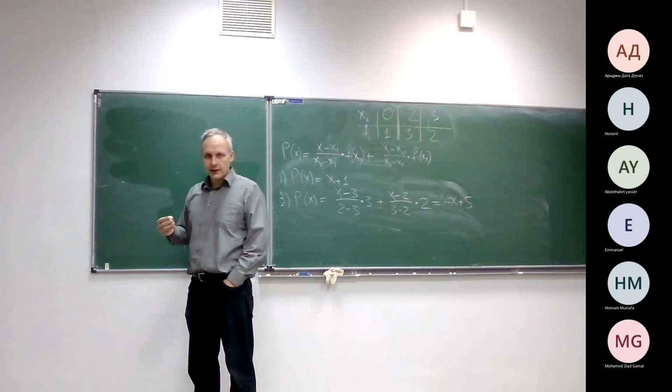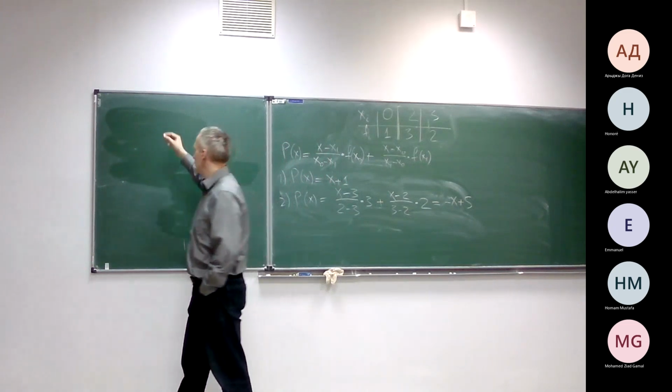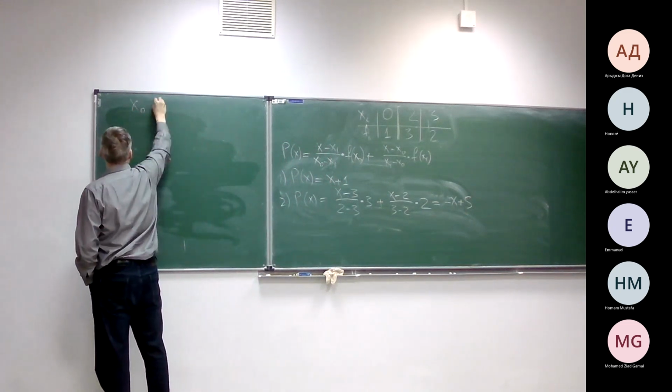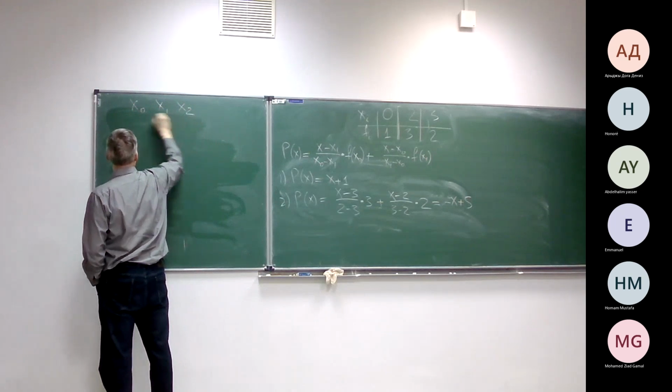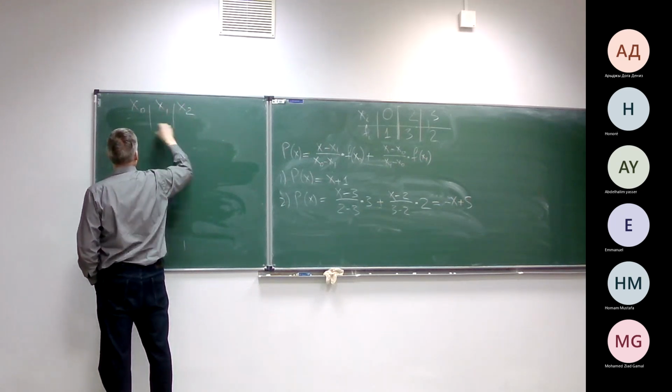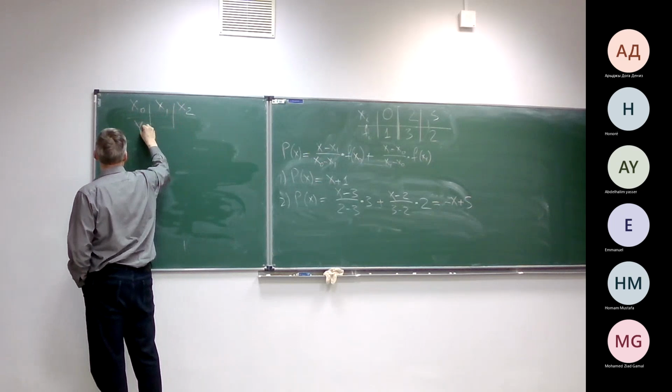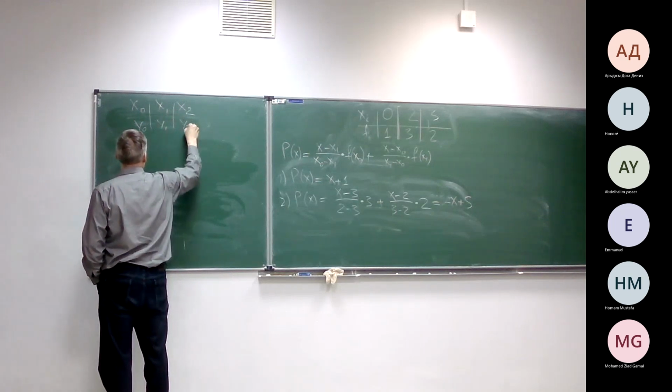Well, we have 3 points: x0, x1, x2. We have 3 values: y0, y1, y2.